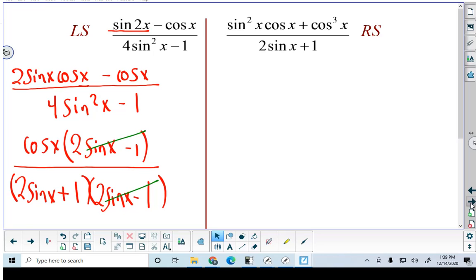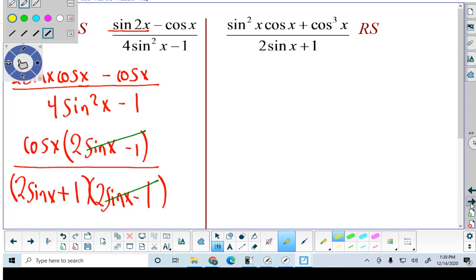I am really curious, and I'm going to give you almost a full minute to think about this. How many of you can see that this on the right-hand side is in fact equal to cos x over 2 sine x plus 1?